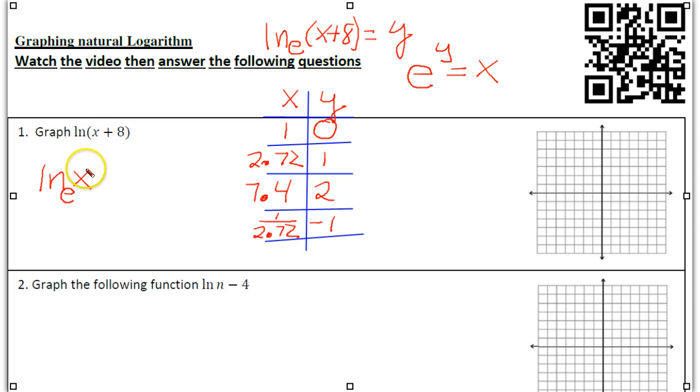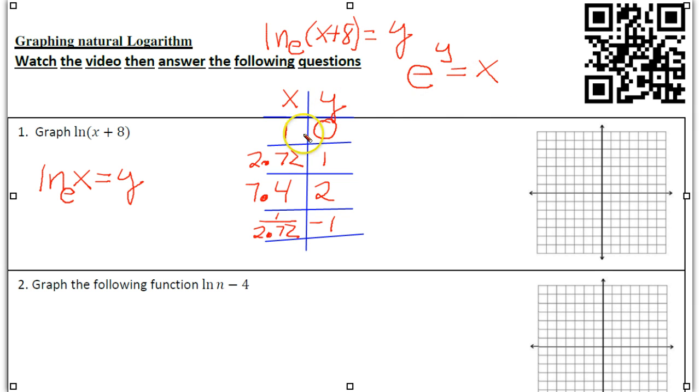Well, keep in mind that if we put it from its logarithmic form into its exponential form, our base is e, and this of course equals y here. Our exponent is y, and our answer is x.